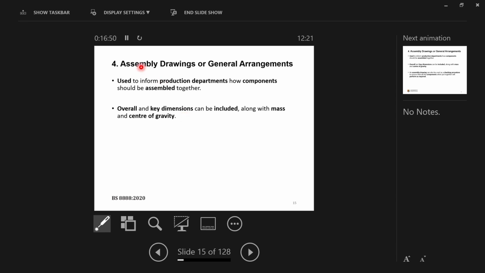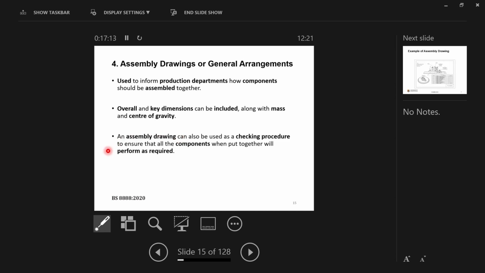So in these assembly drawings, you need only to define the overall or key dimensions included in the drawings. You don't define the tolerances and the detailed dimensions of each and everything. It's not required here. You can also define the mass and the center of gravity of the assembly.